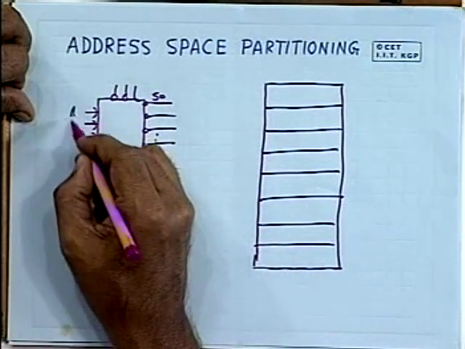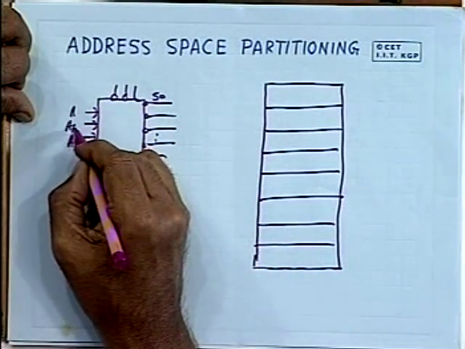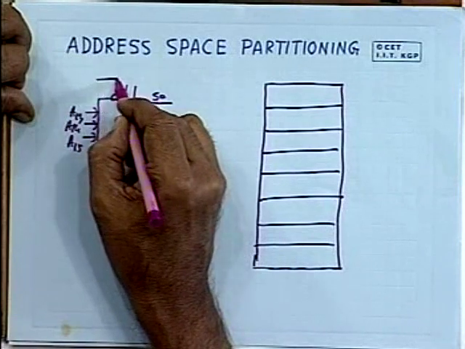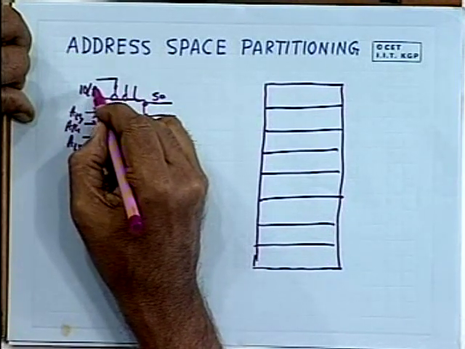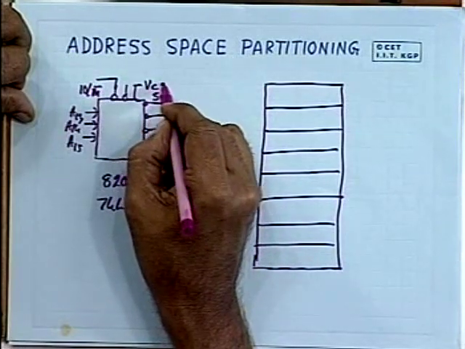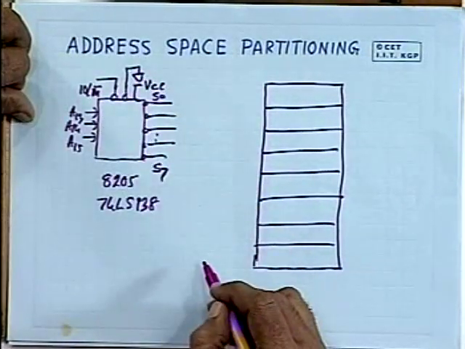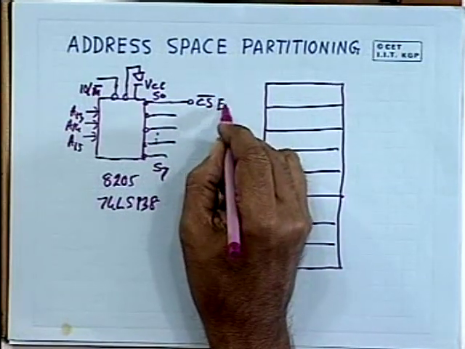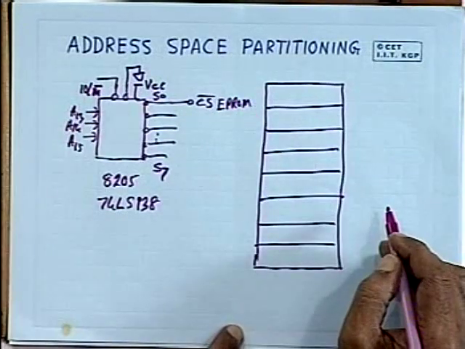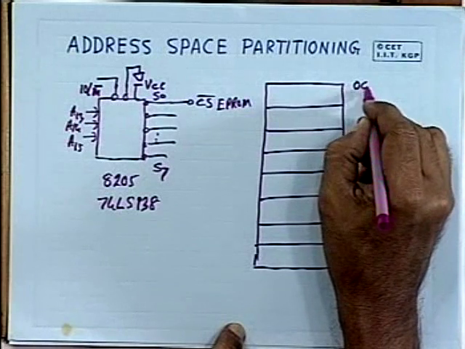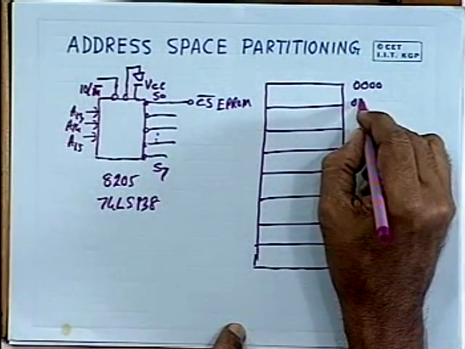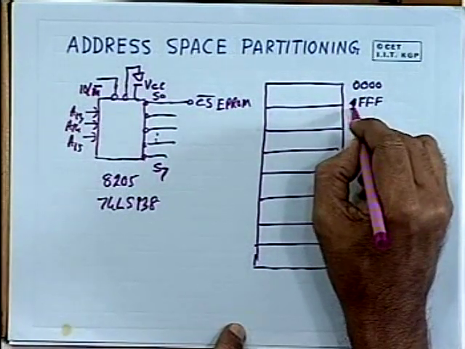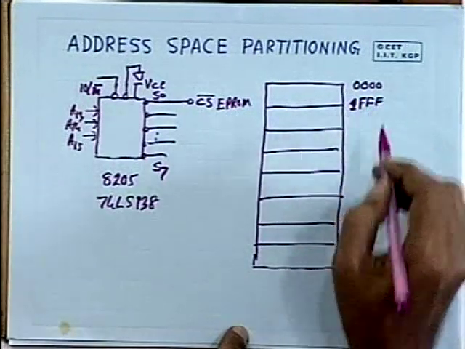We apply A15, A14 and A13 as the inputs to the decoder, and the IO/M line is used to select the chip, and this can be connected to VCC and this can be connected to ground. And then the S0 is used as chip select of EPROM, and that will put the ROM at the address 0000 to 1FFF, because it will be 8K.